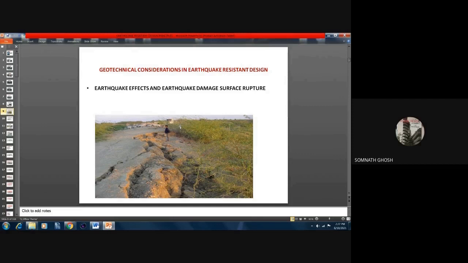So it should be upgraded to zone 3. And accordingly, the seismic map is changed in the IS 1893 code. So you have to understand this. Regularly, this zonation is upgraded.